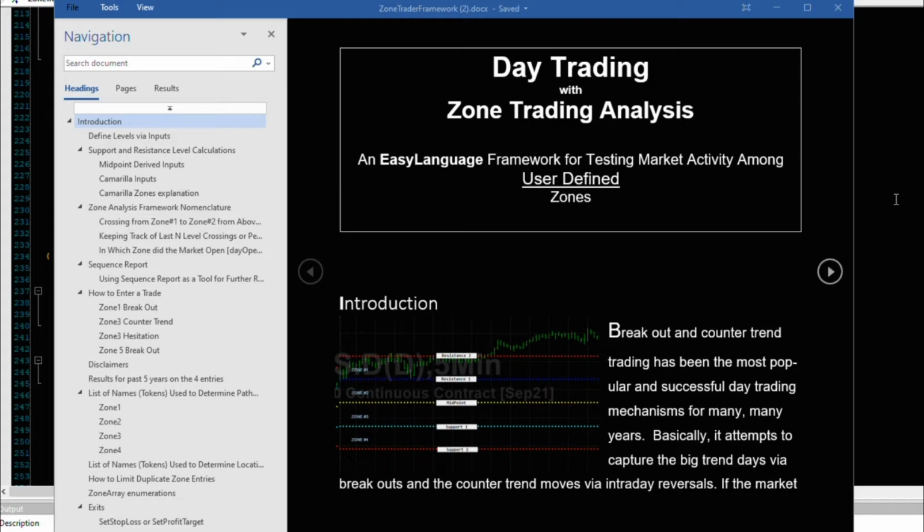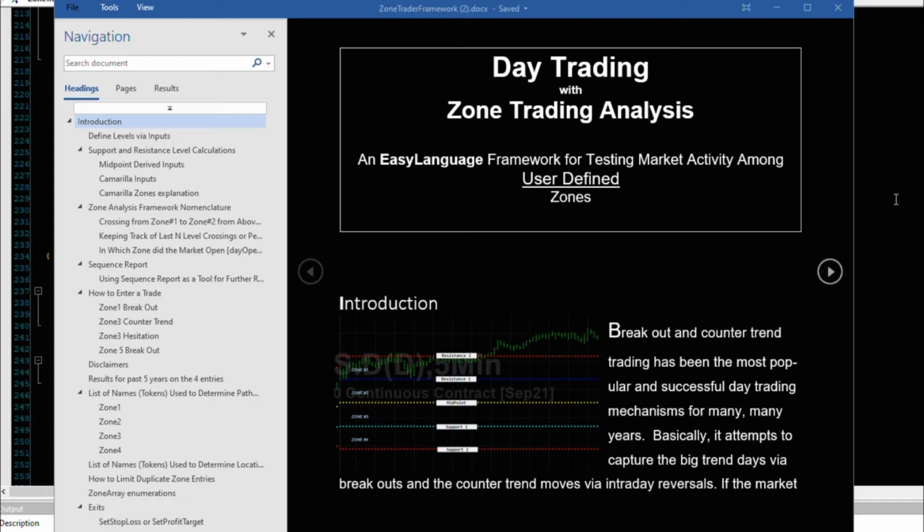But the interaction of how the market moves on an intraday basis needs to be mapped in some form or manner. And a lot of people like to use what we call zone analysis. They've come up with these support and resistance levels based off of some metric from the prior day's action.